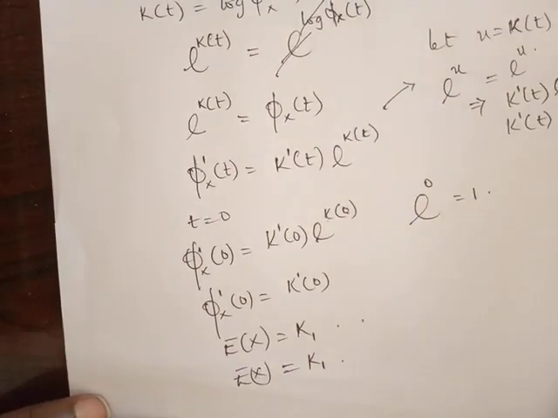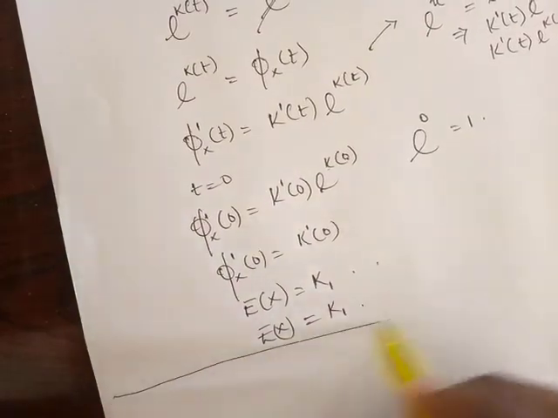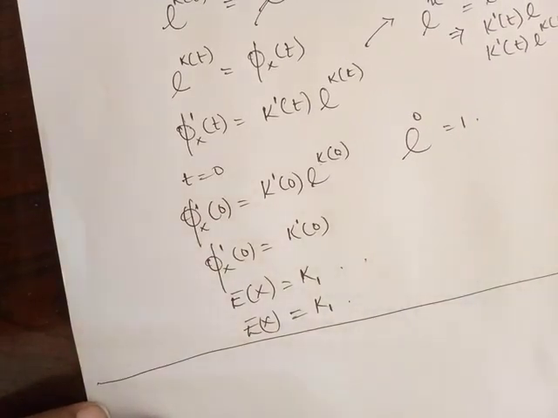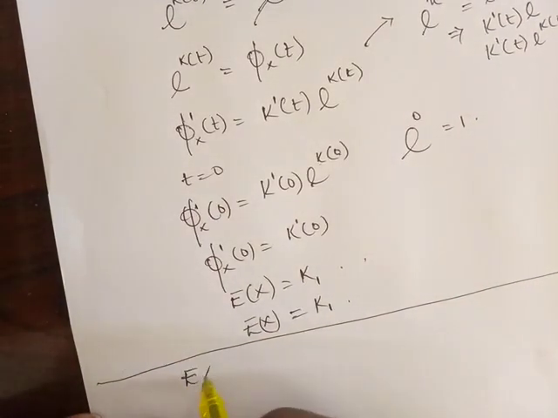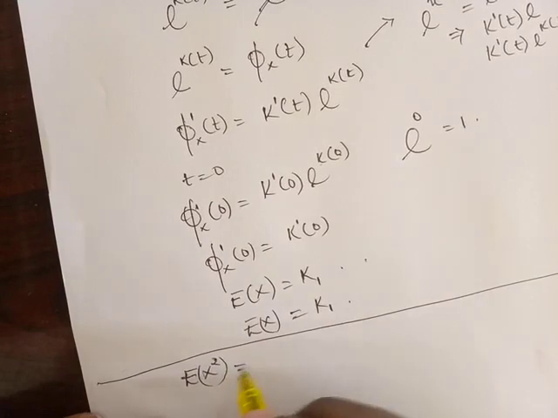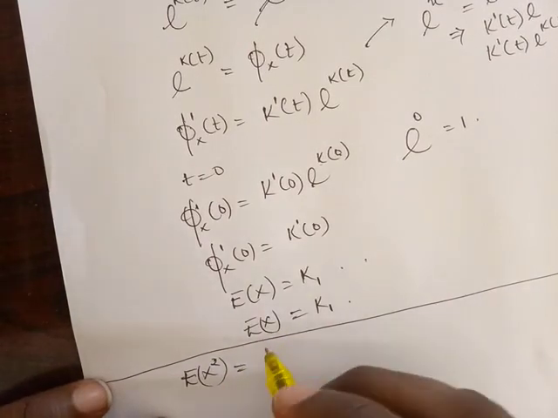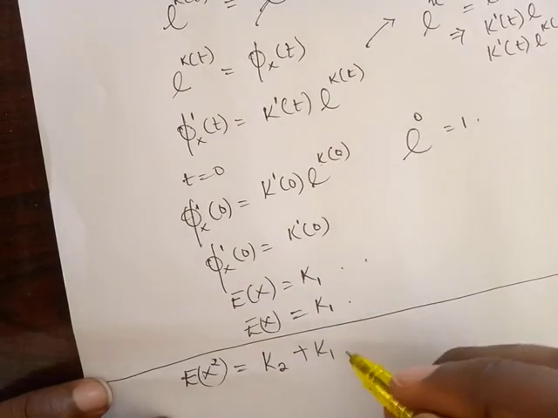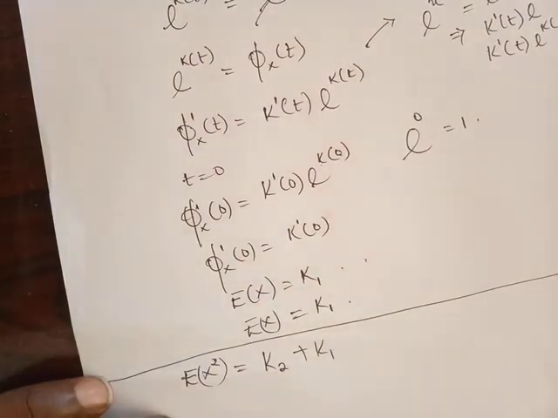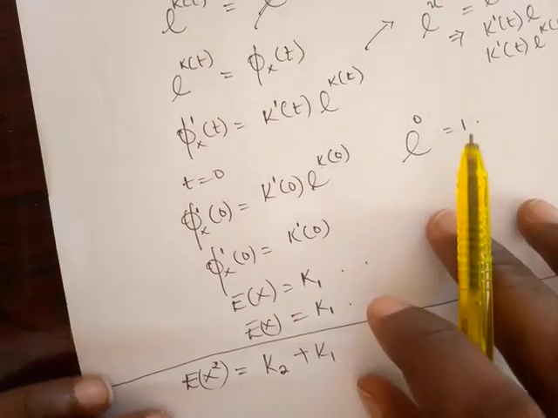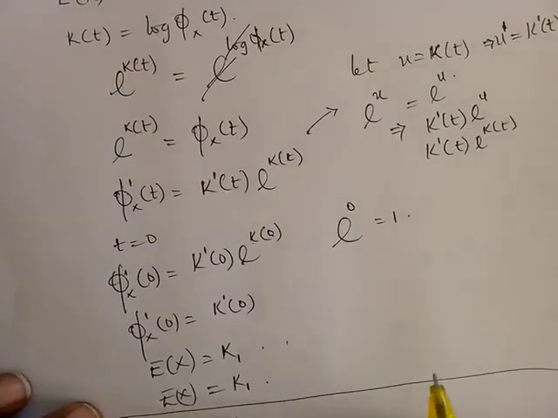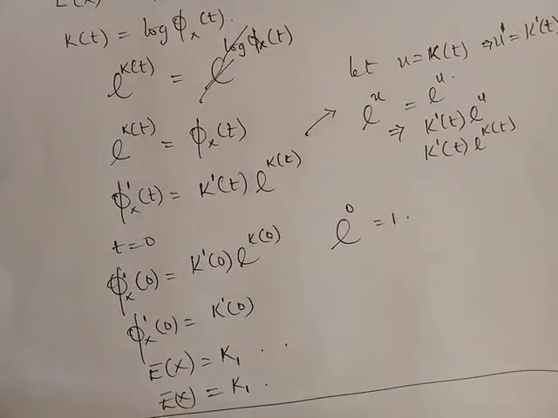Then for the second one, for us to get the expectation of X raised to the power of 2 equal to k2 plus k1 squared, we are going to take the second derivative of what we have differentiated earlier.